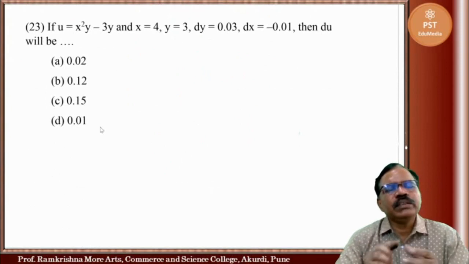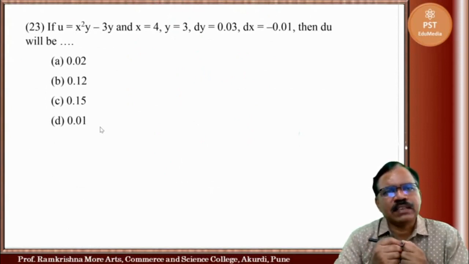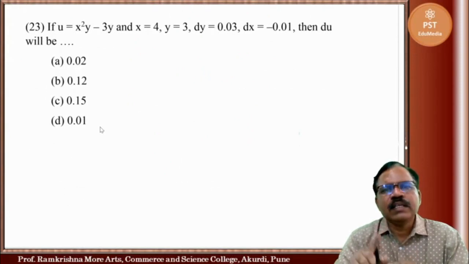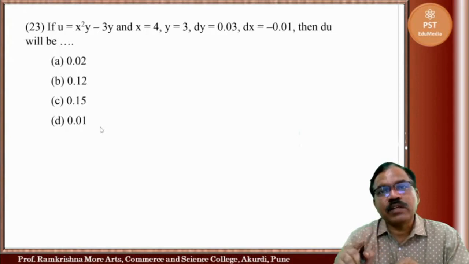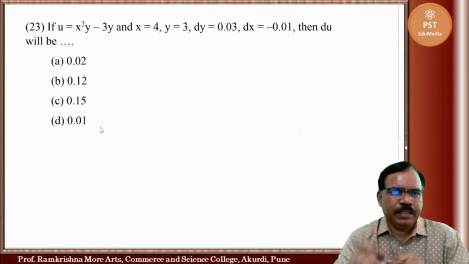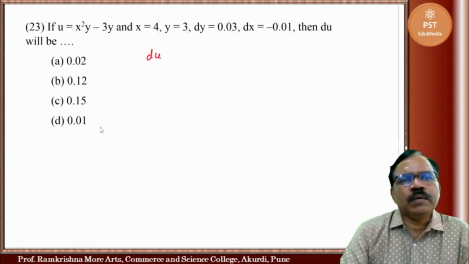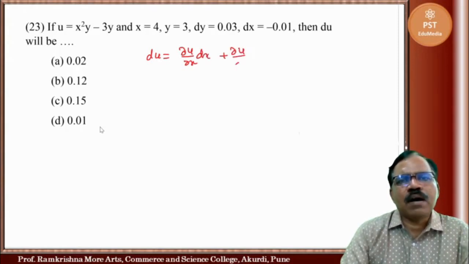Now if u = x²y − 3y and x = 4, y = 3, dy = 0.03, dx = −0.01, then du will be. du means total differential. Now du = ∂u/∂x dx + ∂u/∂y dy. We know this.